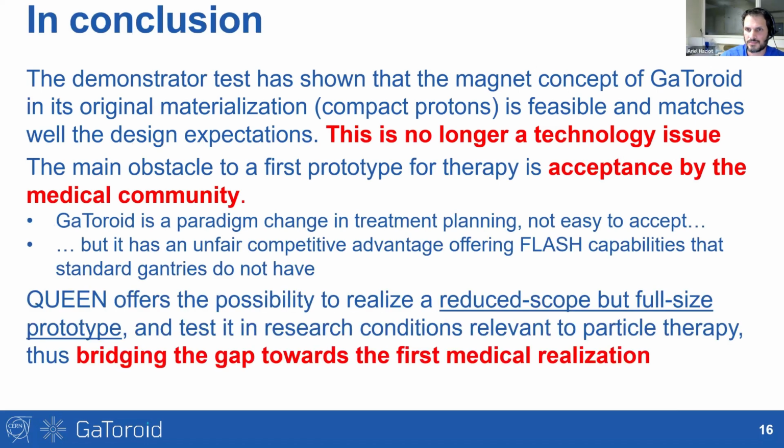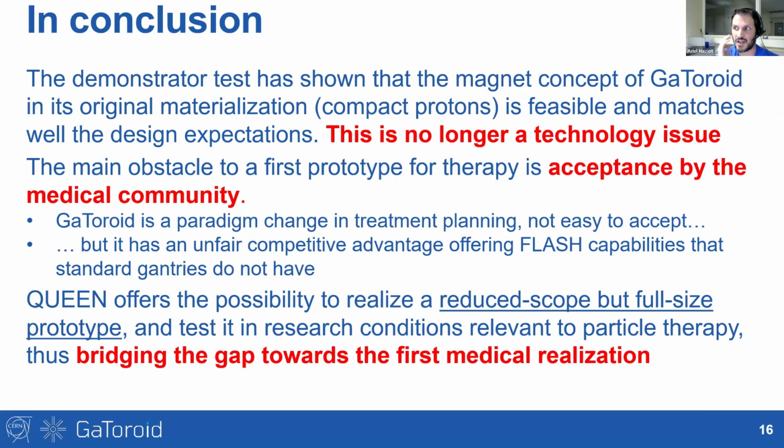So in conclusion, the demonstrator test has shown that the magnet concept of Gatorade in the original materialization for compact proton is feasible and matches all the expectations. So there is no longer a technological issue on the magnet construction. The main obstacle now for the Gatorade is to be accepted by the medical community. Gatorade is a very different system from the rotating gantry.